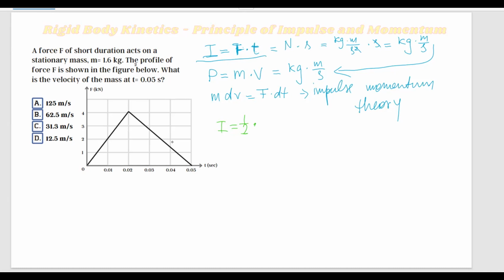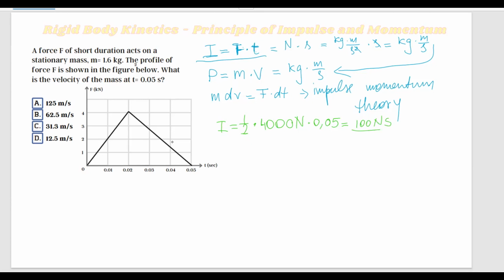If we transform it to newtons, I'm going to have 4,000 newtons multiplied by 0.05. There you go. This gives me an impulse equal to 100 newton seconds.